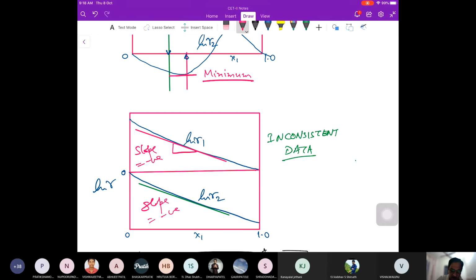We saw that condition that if one is positive, the other should be negative. In this case, both are negative, and hence the data is inconsistent.